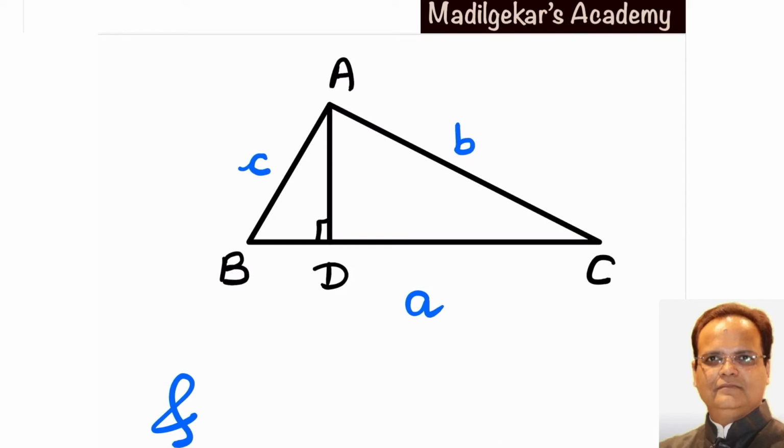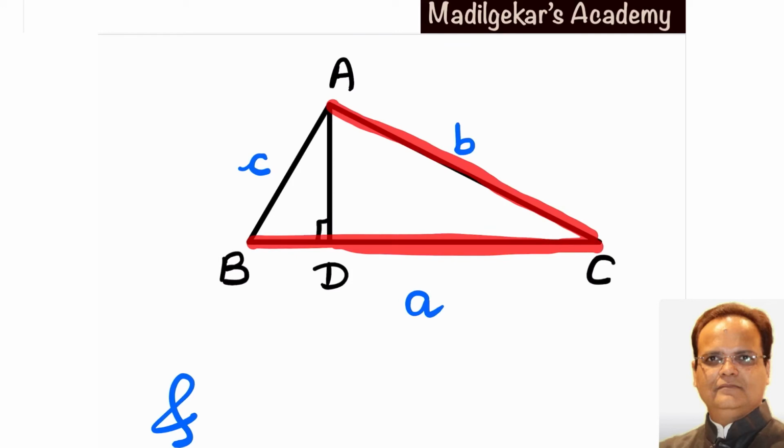Draw a perpendicular from vertex A on side BC at D, which means AD is perpendicular to BC. Here BD is called the projection of AB on the side BC. Similarly, we can say DC is the projection of side AC upon side BC.